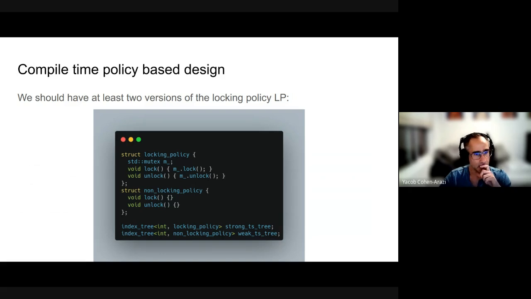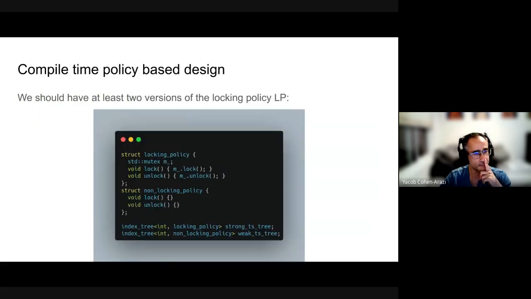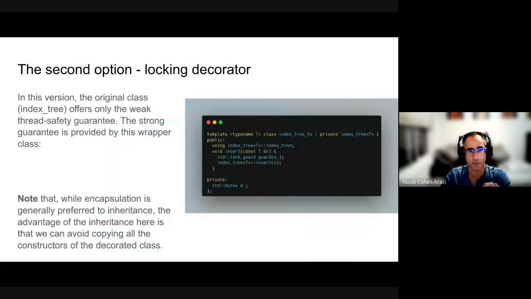Okay, so you have strong thread safety and weak thread safety, the thread safety tree. One is with locking, and it's all templatized. It's all compile time, so you don't pay the if here, which is much better. But you need to know at compile time that this is what you want.